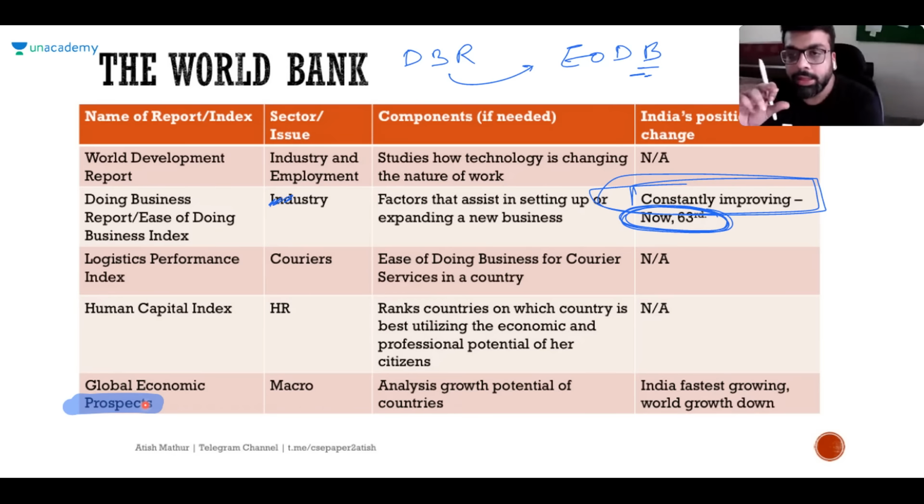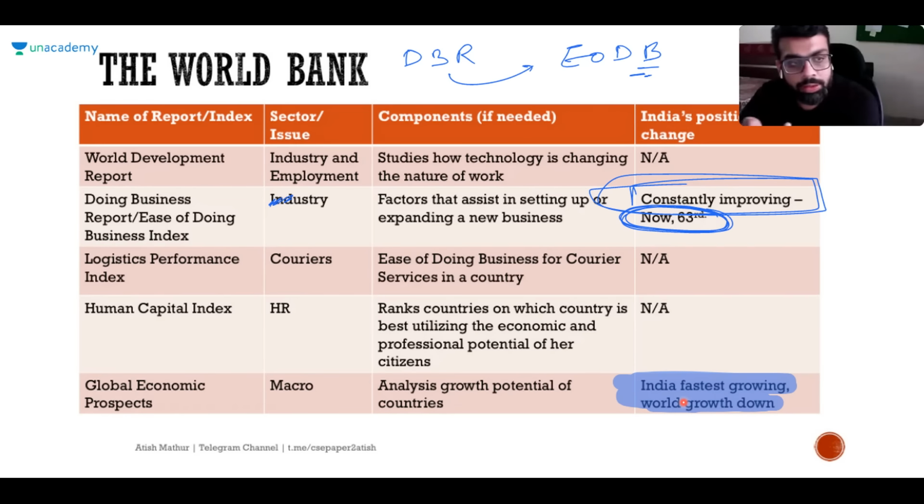Again, it's a macroeconomic indicator, and what it looks at is the growth potential of countries. It's important to know that according to this report, India is one of the fastest growing countries in the world, despite the general growth rates of the world going down.